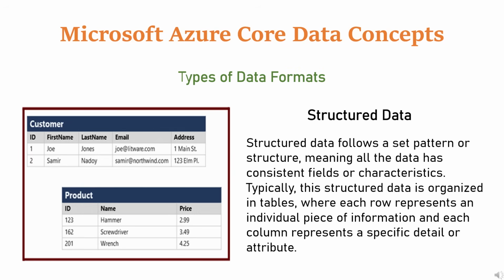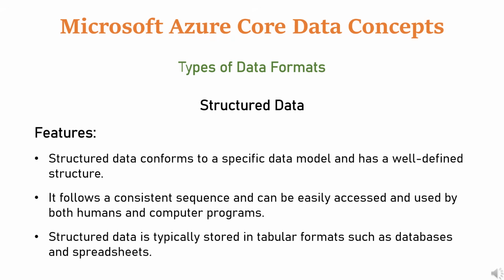Structured data. Structured data follows a set pattern or structure, meaning all the data has consistent fields or characteristics. Typically, this structured data is organized in tables where each row represents an individual piece of information and each column represents a specific detail or attribute. Features of structured data. Structured data conforms to a specific data model and has a well defined structure.